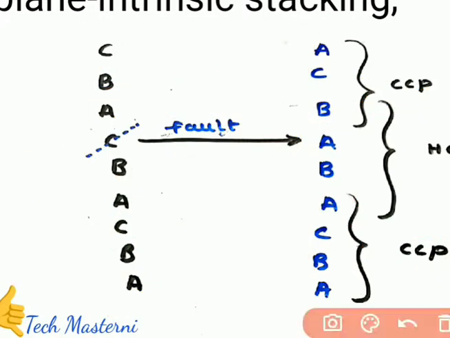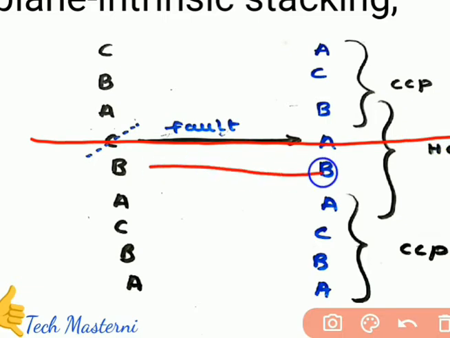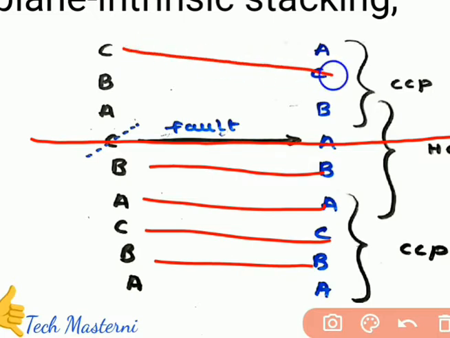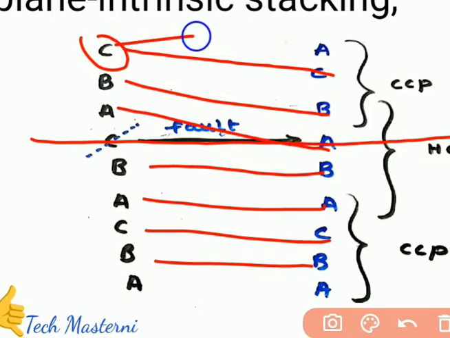Also you can see here below the stacking fault, we have the same crystal structure. B has come here, A came here, C came here, B came here. But above this fault, we have translation of the atoms. You can see C came here, B came here and A came here. So there is a translation of C by one lattice unit of A structure.